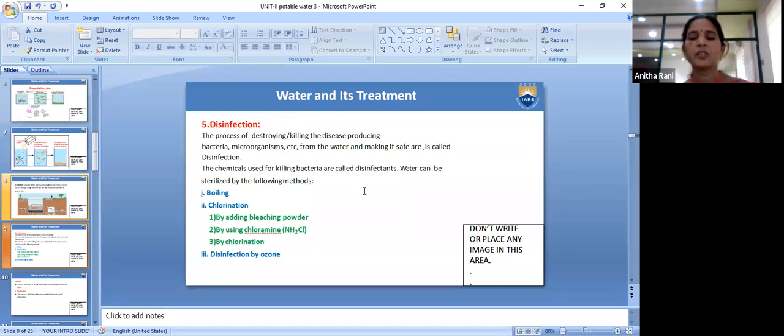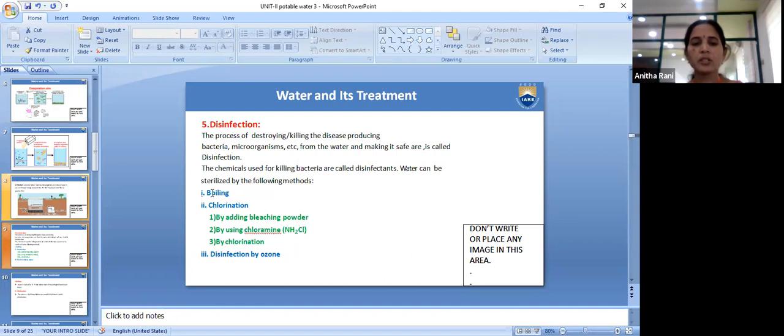What are disinfectants? The chemicals we use to kill the bacteria are called disinfectants. In potable water, we use chlorine and ozone.